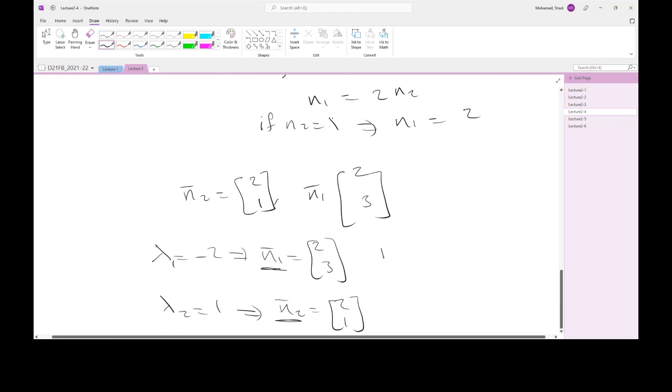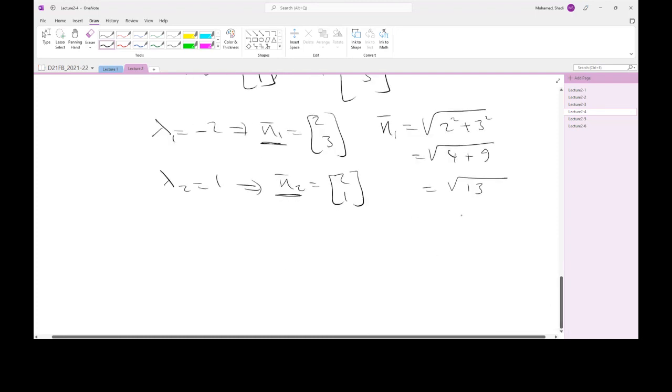So the length of n1 is the square root of the sum of the squares. It is 2 squared plus 3 squared. So this is the square root of 4 plus 9, which is 13, the square root of 13.